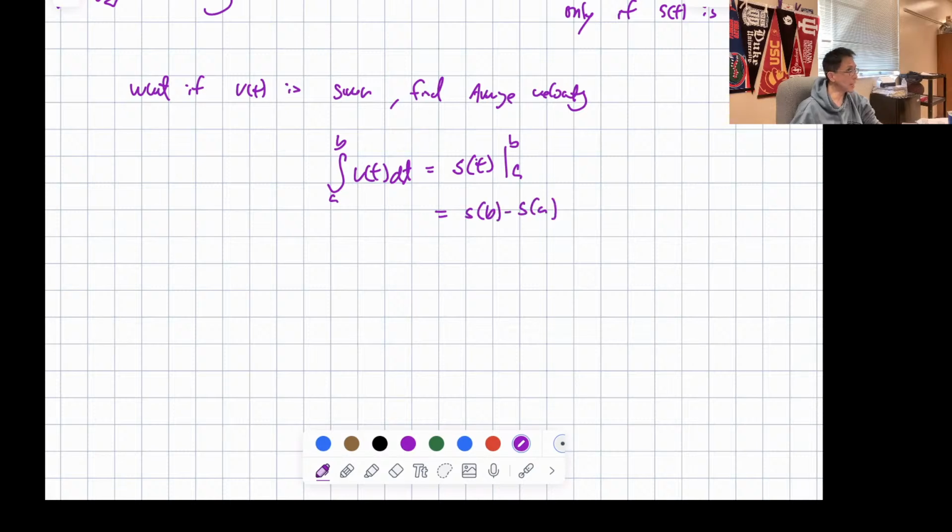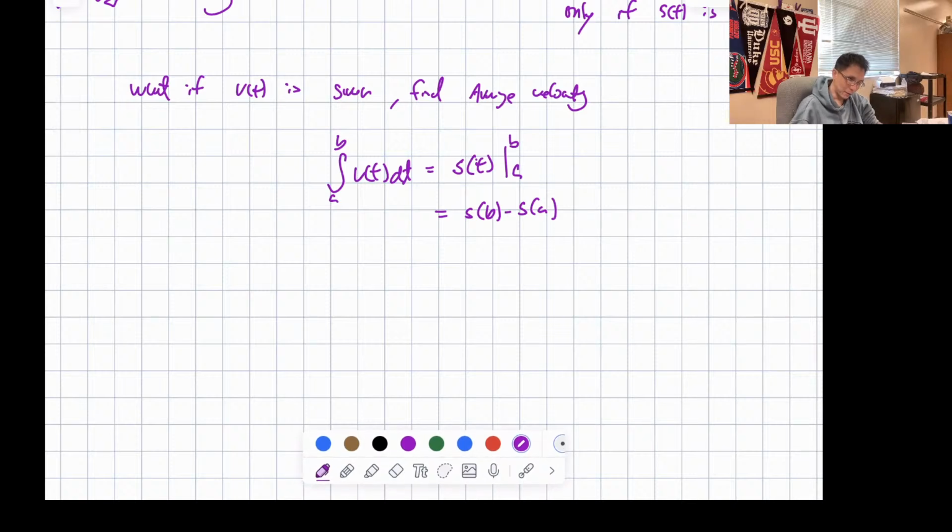First of all, is that an average velocity? Because the integral of v is s. So it's s of b minus s of a. Is that average velocity? No. You still need to do that. So let's talk about that.